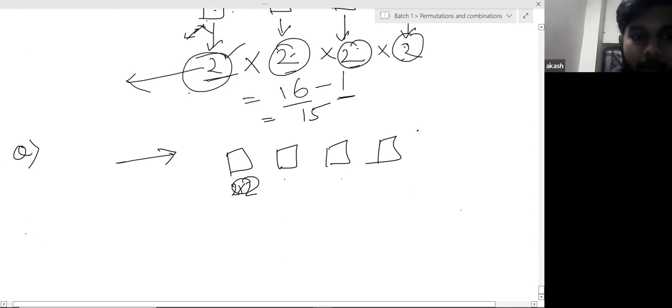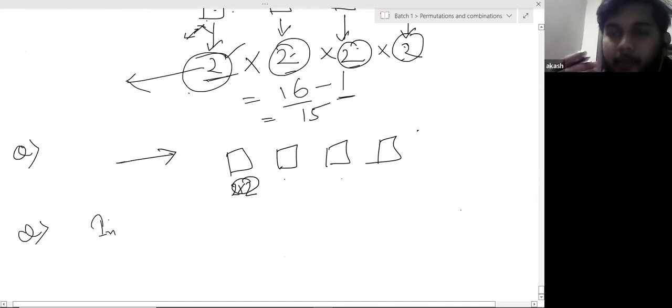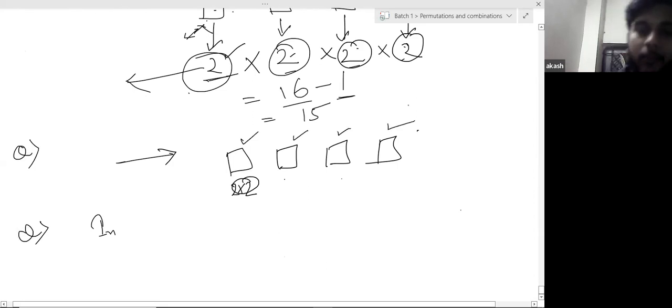Another question of the same format. Think about this question. In how many ways did you get the fundamental principle of multiplication and addition? Whenever you have to use and, you have to do this and this and this and this. You have to multiply. When you have to use or, you need to add.